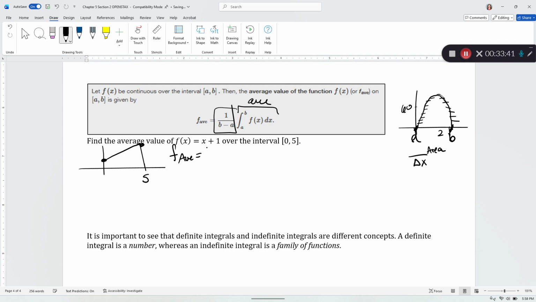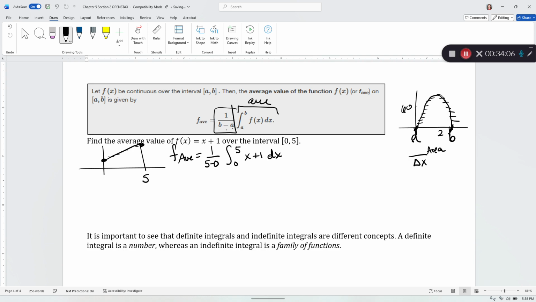Here's the way we're going to do it right now. We're going to say, okay, well, my gap is 5 minus 0, so 5. And obviously the value is changing. What's the average value, right? So that is the gap. And what is the area? And that is the integral from 0 to 5 of x plus 1 dx.